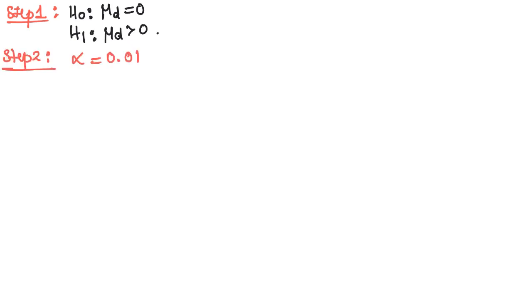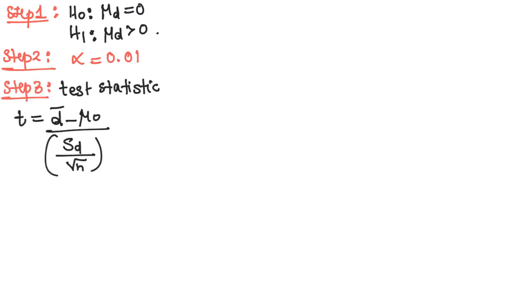First, state the null and alternate hypothesis. Step 2, choose the significance level. Here the significance level alpha is 0.01. Step 3, compute the test statistic. I am going to use the calculator to find the sample mean and sample standard deviation of the differences.